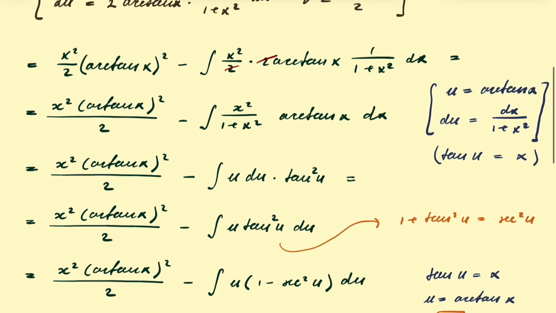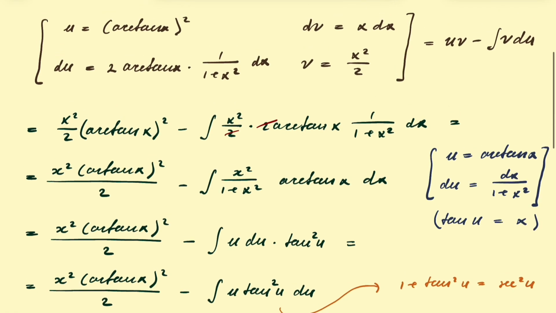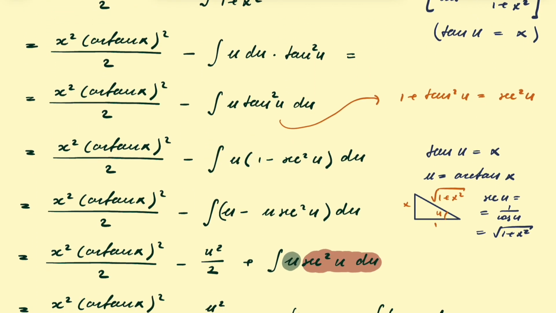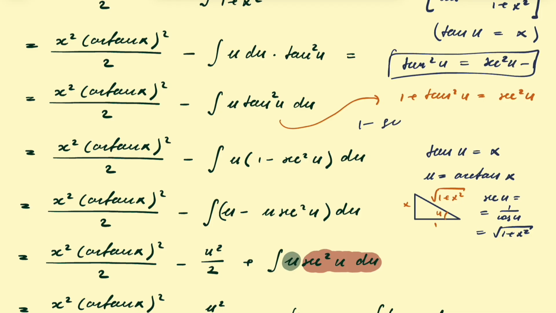And where the mistake was, it was here, right here in this transition. Well, I wrote correctly that 1 plus tangent square is secant square of u, but what I didn't apply correctly was that in this case the tangent square of u would be secant square of u minus 1, whereas I wrote 1 minus secant square of u, right?